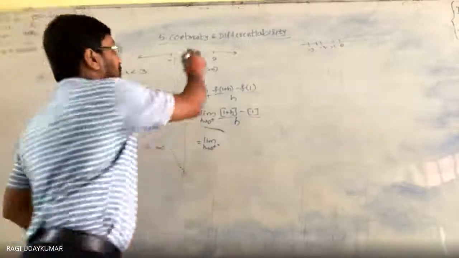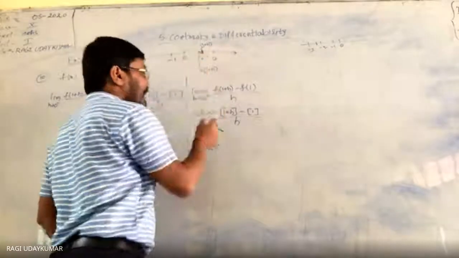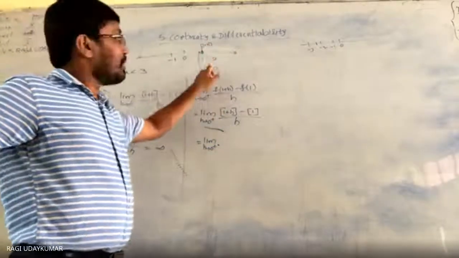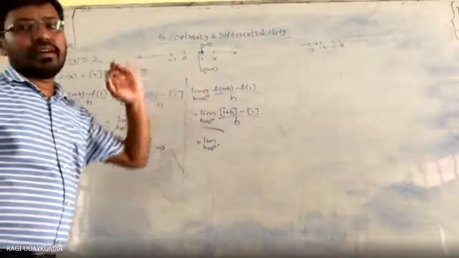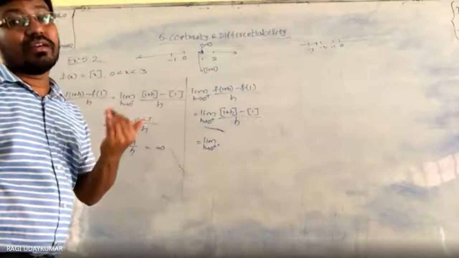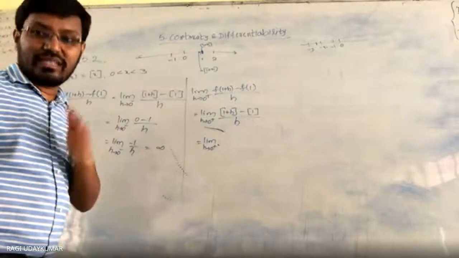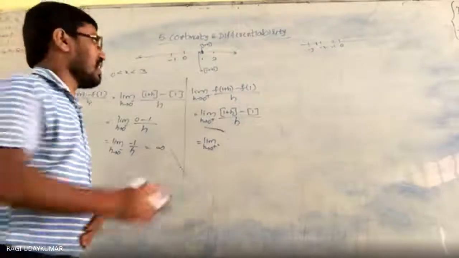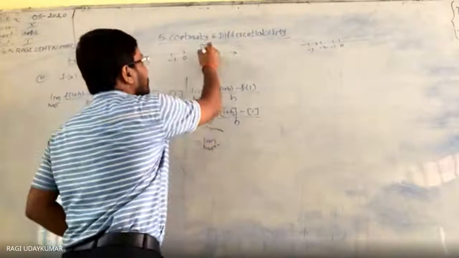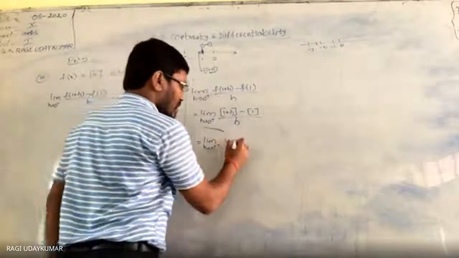So 1 plus h, with h greater than 0, will be 1 point something. Whenever you get a number like 1 point something, the greatest integer function will be equal to 1. So we get 1 minus 1 by h.